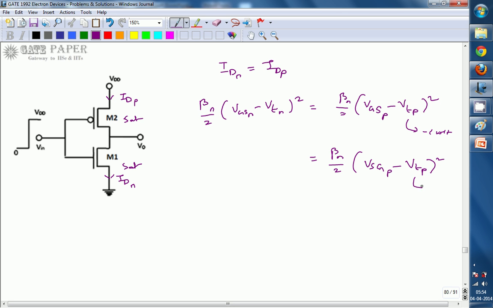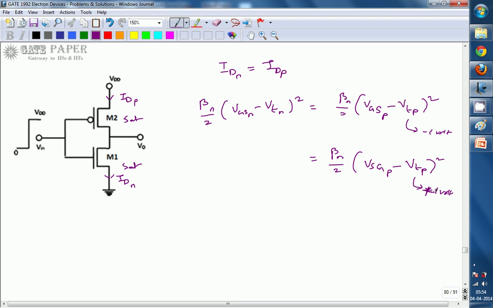By that time VTP is only a magnitude, so it is going to be 1 volt. If we are going magnitude wise, we are not bothering about the signs, so you can write the equation as VSG minus VTP.